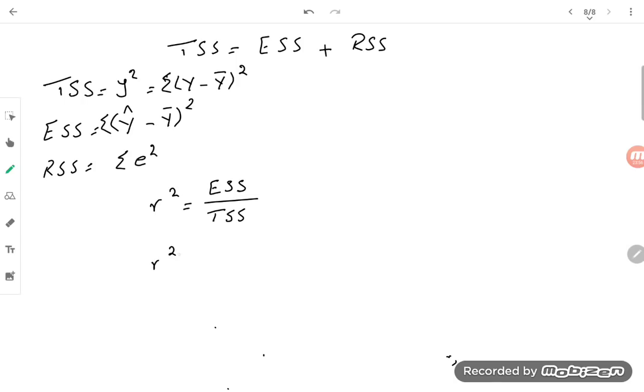Or we can write it as 1 minus residual sum of squares divided by total sum of squares.